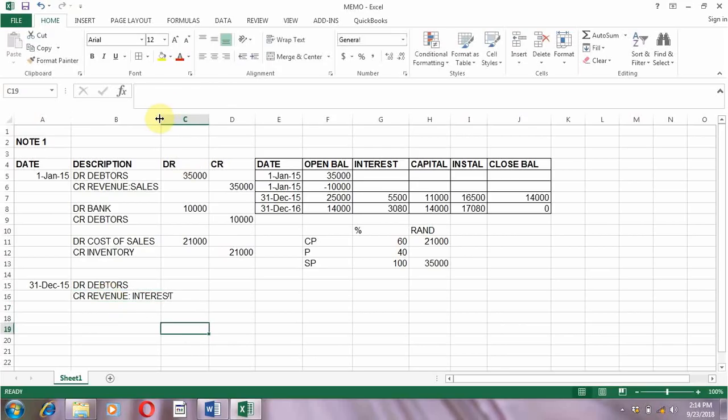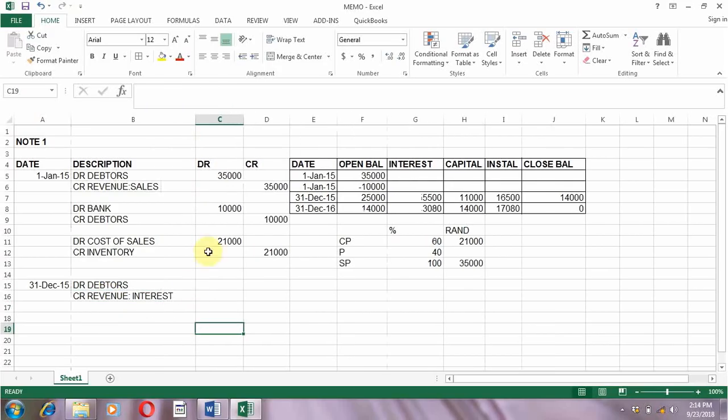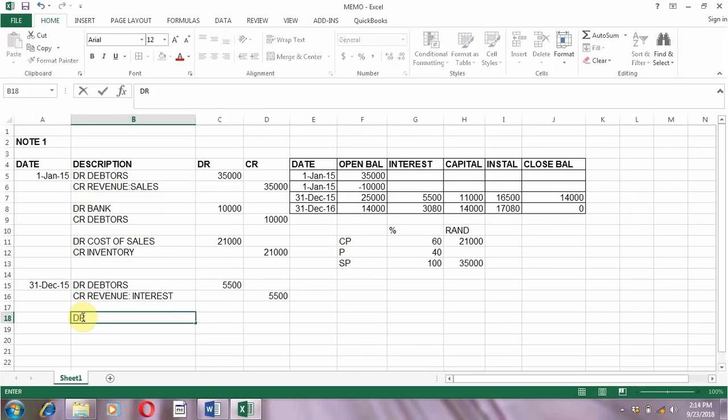Then I've already done a calculation for this, so I will refer to my amortization table and see that the interest for that year end was 5,500, and it will then come and stand there. There's the 5,500. Then I need to recognize that payment is received, so I will debit my bank account and I will credit the debtors.